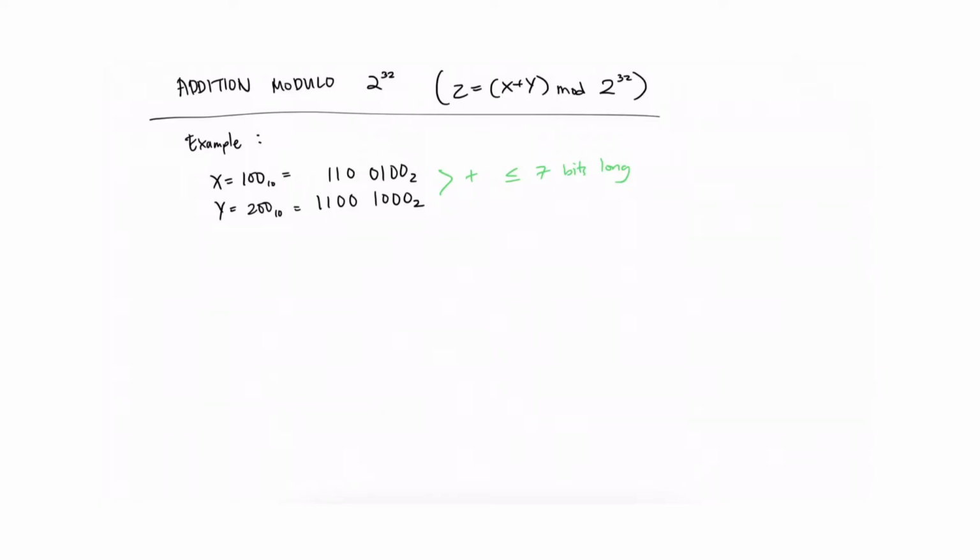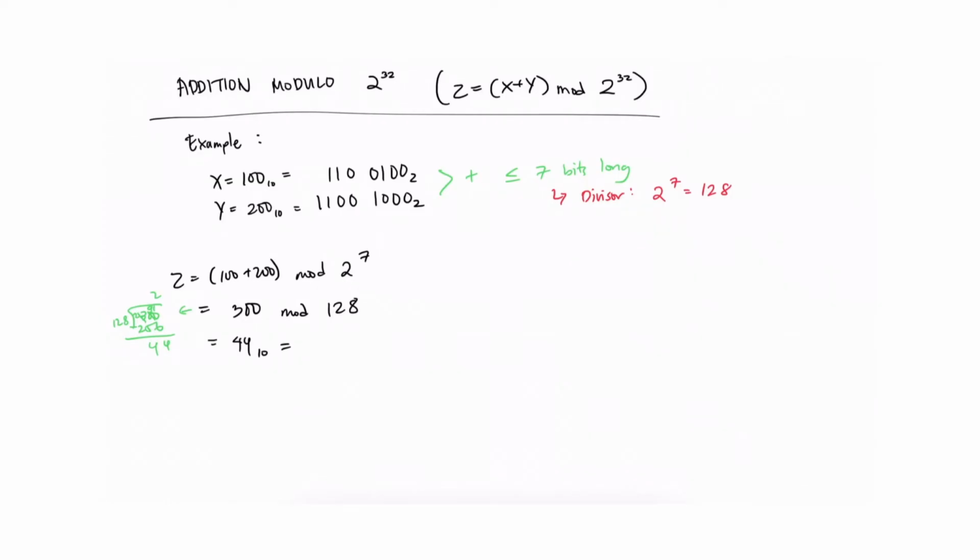Since our first bit starts with 2 raised to 0 and our 7th bit is at 2 raised to 6, I will use 2 raised to 7 as my divisor. So in adding the two numbers, we have 300 and then 2 raised to 7 can be simplified as 128. Then we just take the modulus operation by dividing the 2 and getting the remainder, which is equal to 44 of base 10.